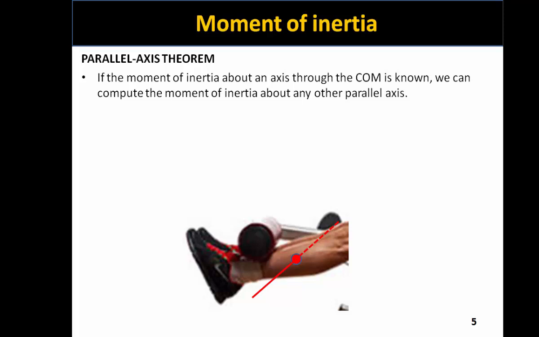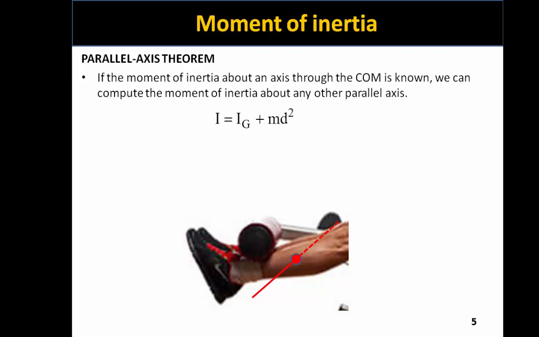And what we have to use at this point is something called the parallel axis theorem. If we know the moment of inertia of an object about the center of mass, we can calculate the moment of inertia at any other point by moving the axis of rotation, provided that axis is parallel to the axis about which the limb would rotate through its center of mass.